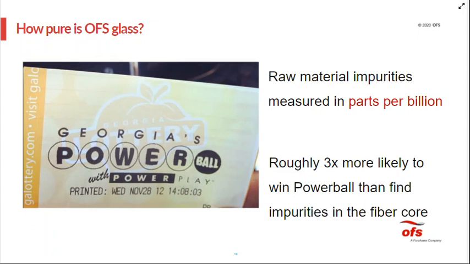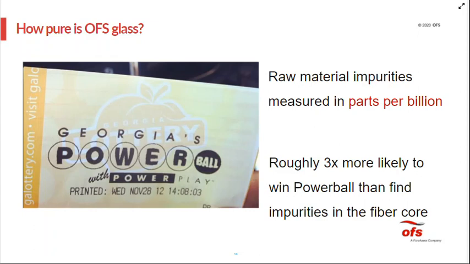And so the glass that we use in manufacturing the fiber that goes into today's communications networks is absolutely ultra pure. So when you look at that from a rough standpoint, you are roughly 3 times more likely to win Powerball than you are to find impurities in the fiber core.